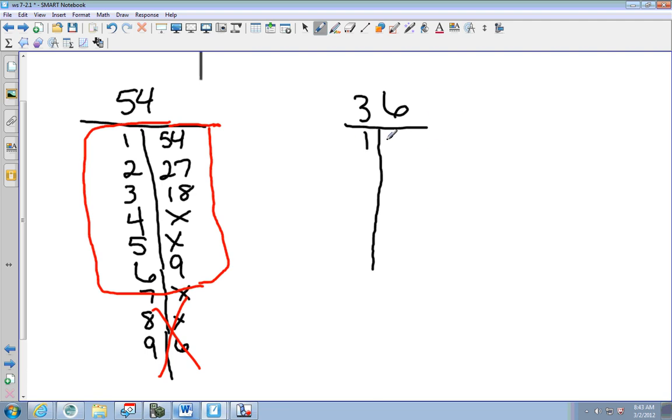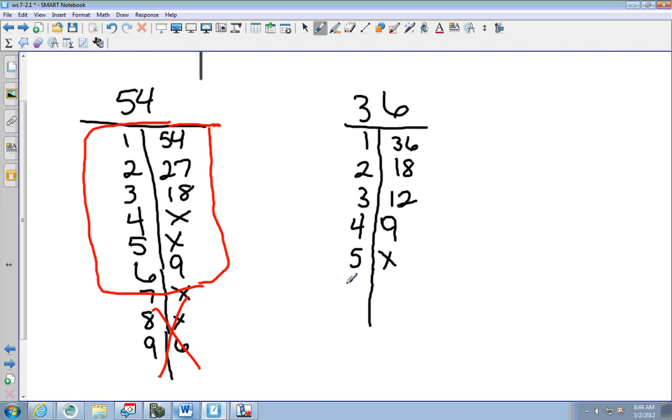36 divided by 1? 36. 36 divided by 2? 18. 3? 12. I already see my GCF, but 36 divided by 4? 9. How about 5?